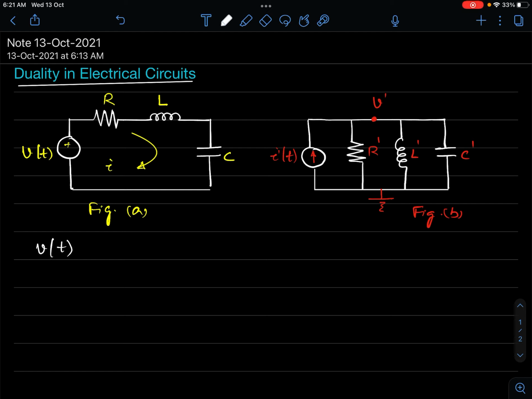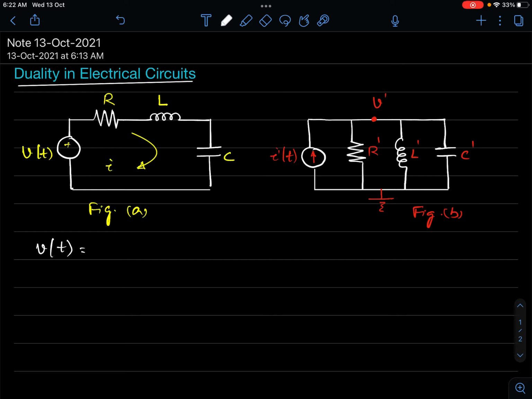So V of t, the voltage applied to the network, should be equal to the sum of the potential differences appearing across various elements. That is what KVL is about: sum of E equal to 0 in simple form. The summation of all the potential differences should be equal to 0.